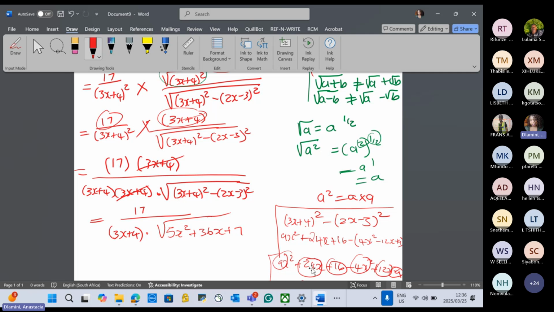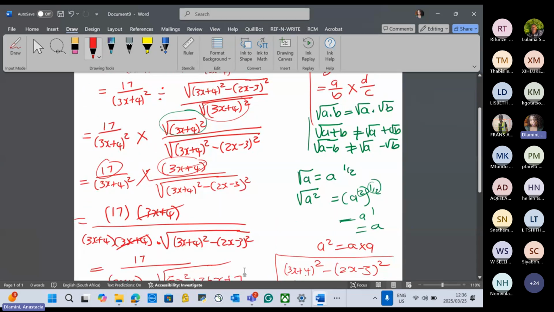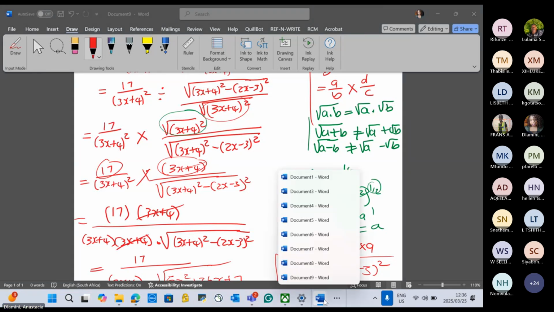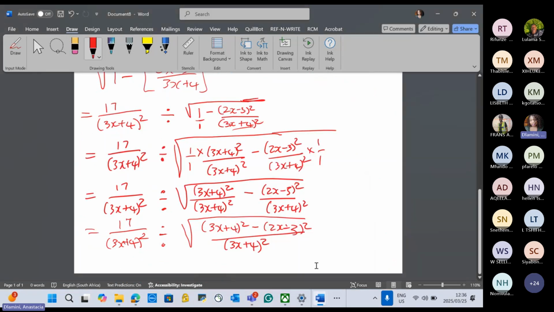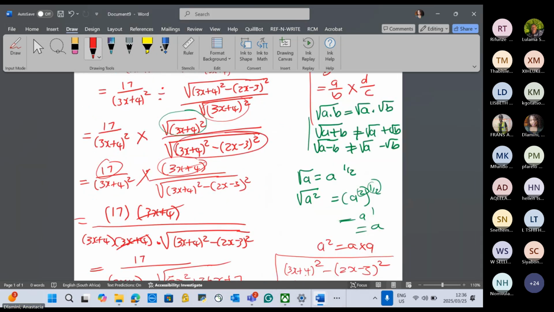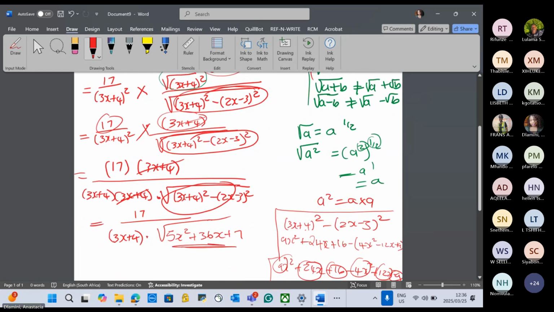Guys, have you noticed that in the textbook they simplified from the start here? Look at this. As soon as they simplified from here, they started taking the 3 squared and getting the answers here. They got the answers before. We simplified at the end. Do you see the difference?